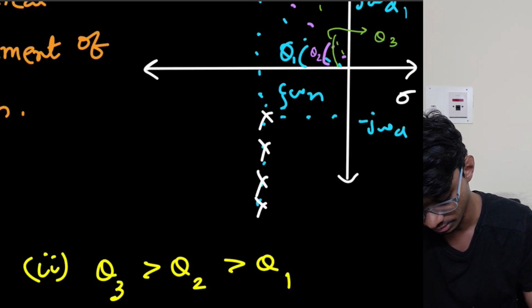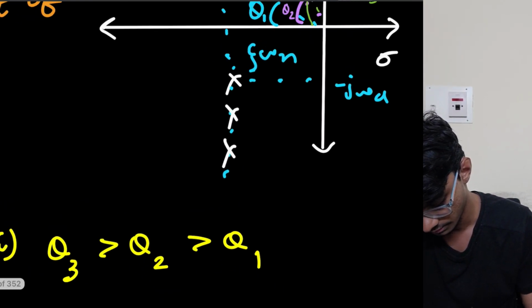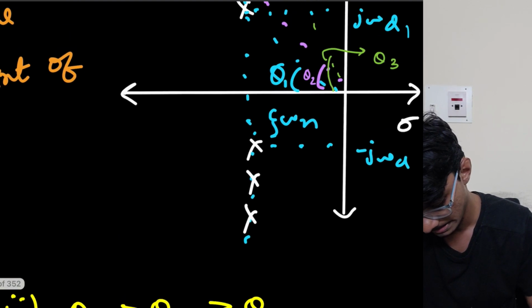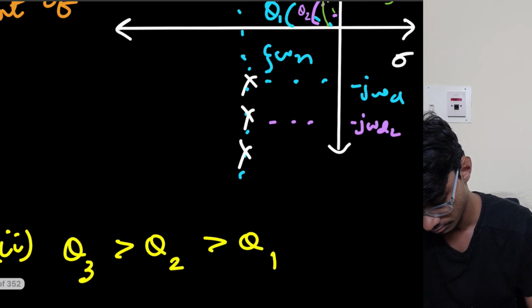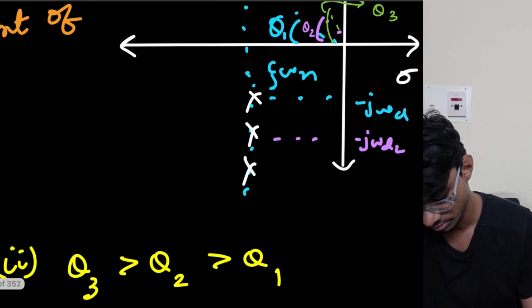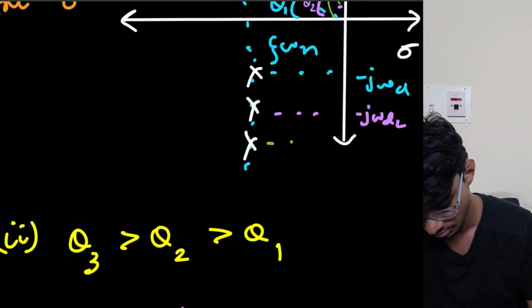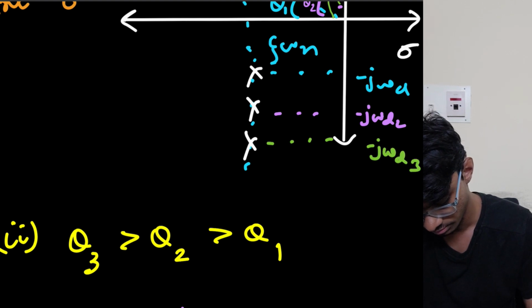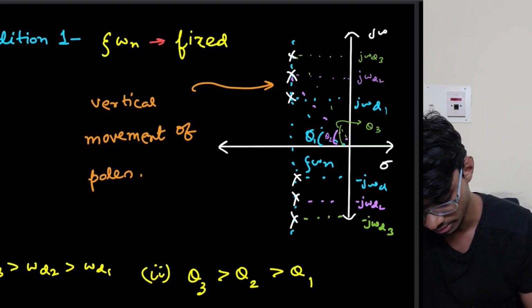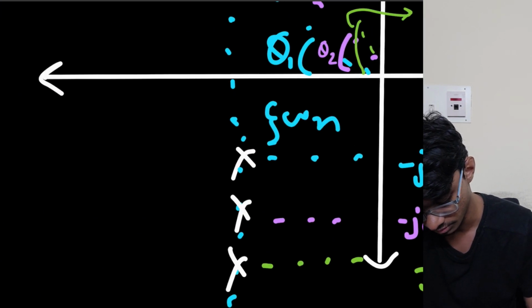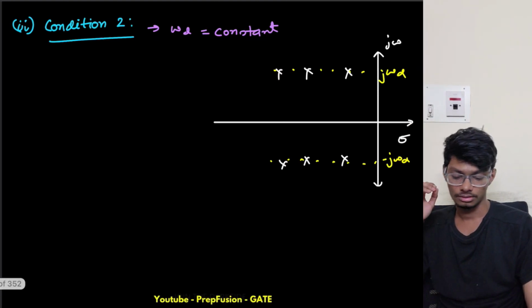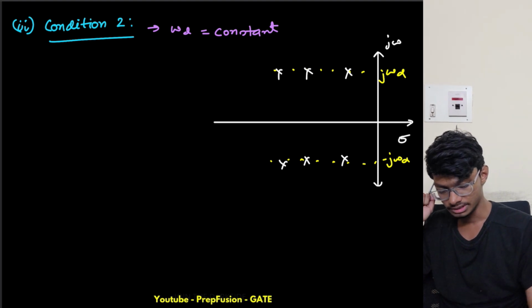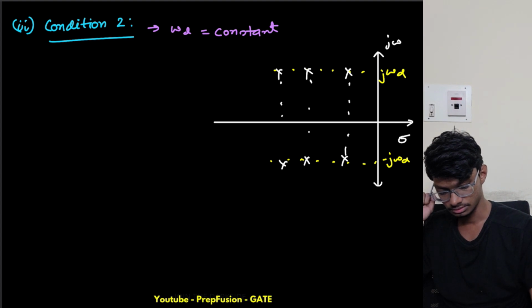These are the poles, and this is j omega d1. Now these are different locations: this is one location, this is one location, this is one location.